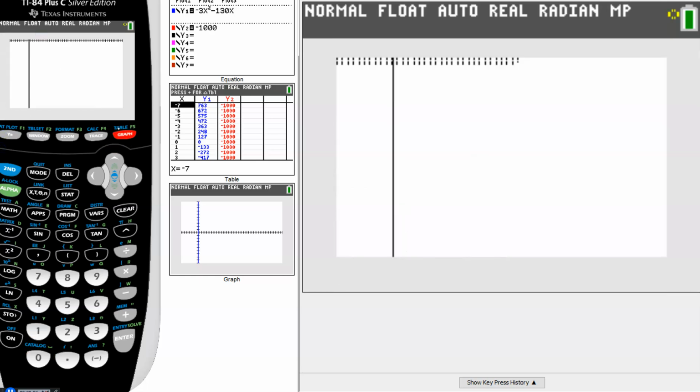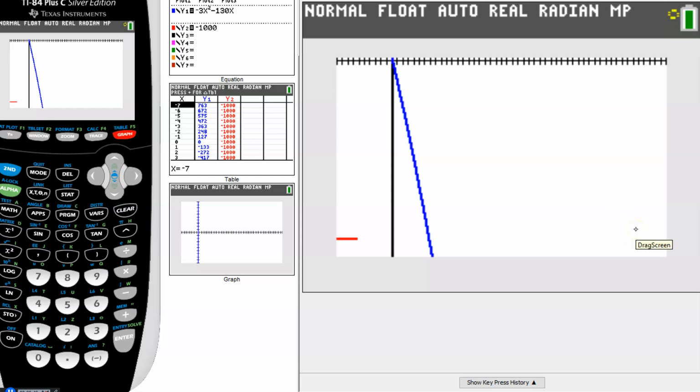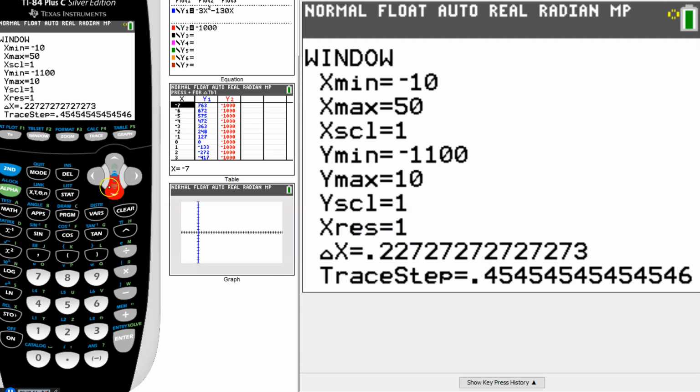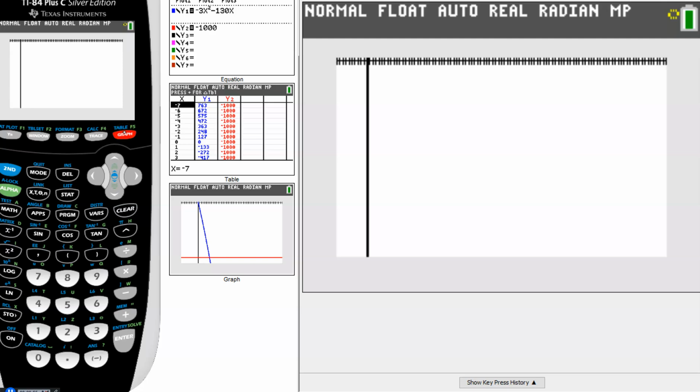And let's just see, that's going to bring my graph down. There's my 1. It's coming back over here somewhere. And here's my line across. So I need to move this x over a little bit more. So I'm going to go into my window again, and I'm going to move the x over, and maybe I go to 100 this time. And let's see what that looks like on my graph.